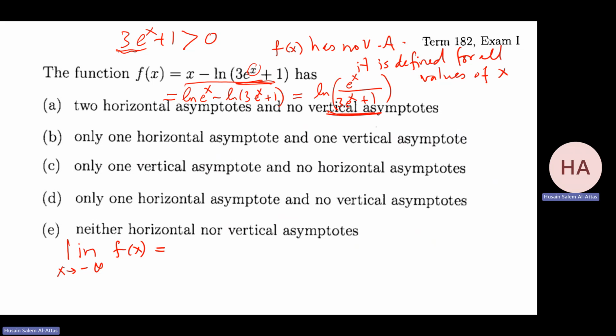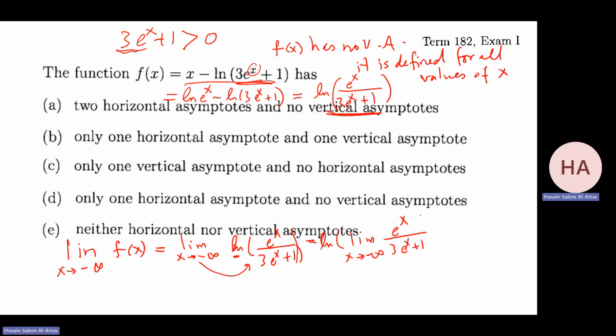Okay. So let x go to minus infinity. What will happen? I need to check the limit as x goes to minus infinity of ln of e^x over 3e^x plus 1. ln is a continuous function, so I can take the limit inside. That will be ln of the limit as x goes to minus infinity of e^x over 3e^x plus 1.